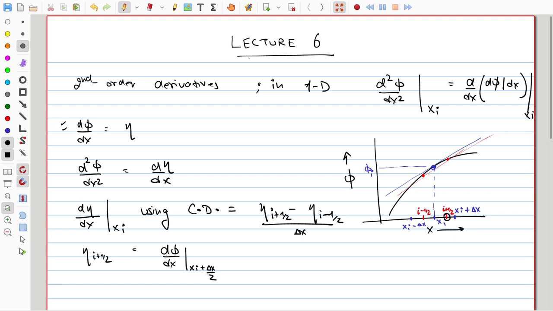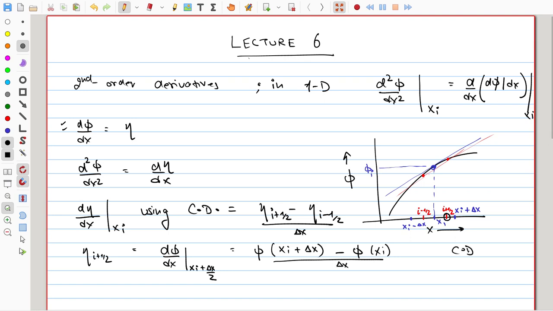Now, to find the derivative value at a point, again I can use center difference, half a point forward, half a point backward. So half a point forward is xi plus delta x, so this is phi at xi plus delta x, and half a point backward is phi at xi, divided by delta x.